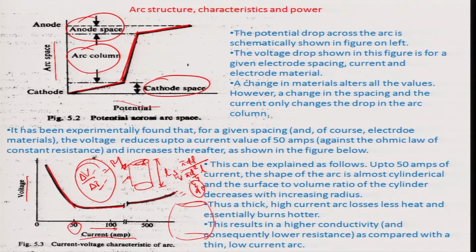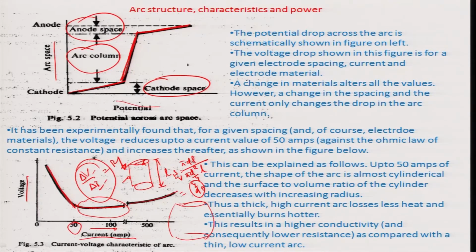Whereas after 50 amperes, there is a substantial amount of current, over which the voltage does not change much, because obviously the arc starts bulging and there is more resistive path which happens because of this bulge, and so there is a sort of a balance between the heat of the arc and the bulging, because of which the resistance would increase, and so on one hand the conductivity increases, on another hand the path length increases.